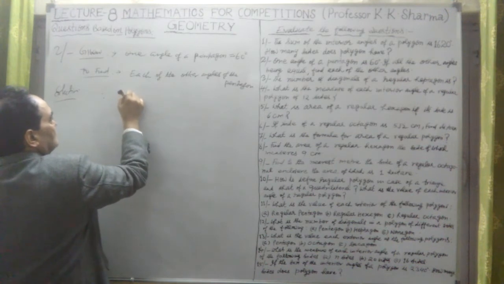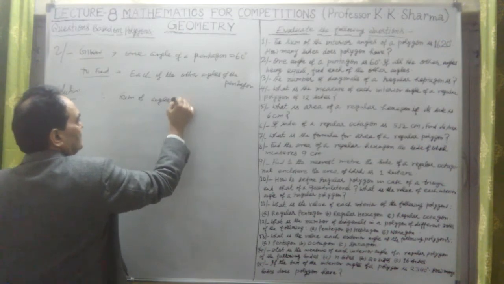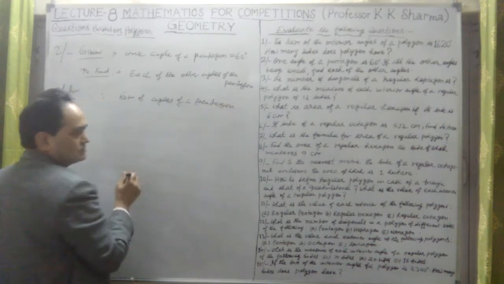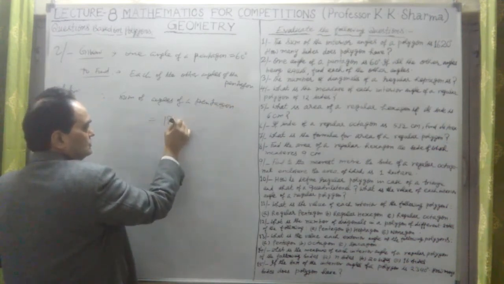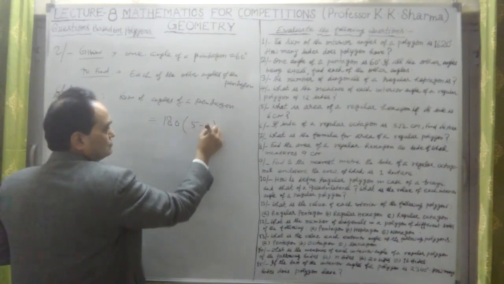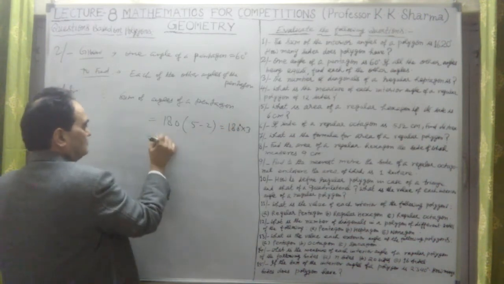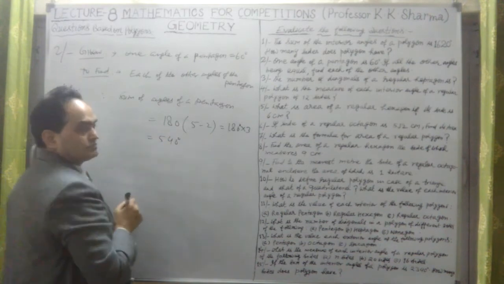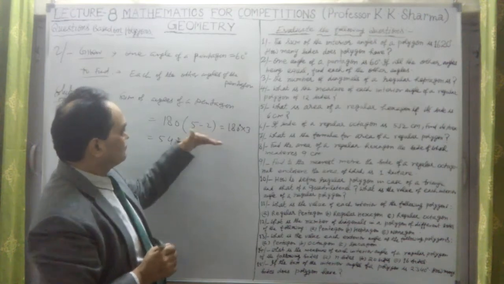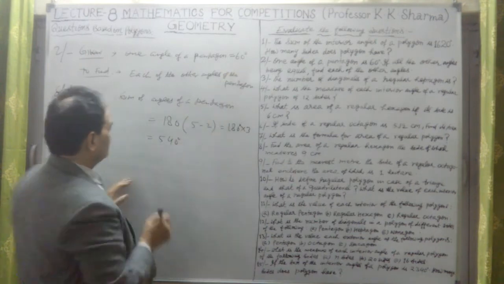Since the sum of angles of a pentagon is equal to 180 degrees into n minus 2, n means 5 minus 2, equal to 180 degrees into 3, that means 540 degrees. 18 3s are 54, so this is 540 degrees. So the sum of 5 angles of a pentagon is 540, but one angle is given.